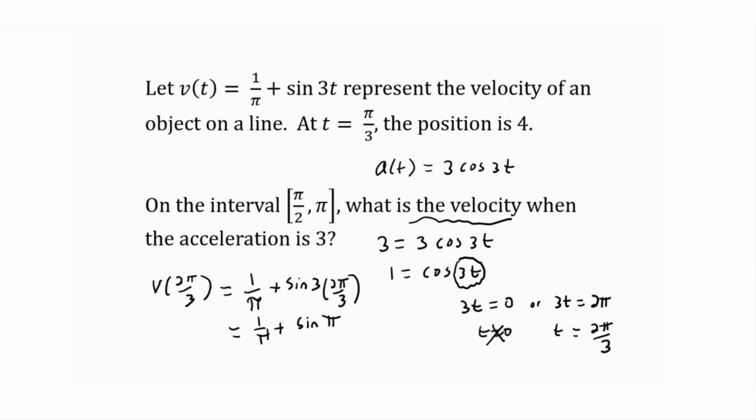And what is the sine of pi? The sine of pi is 0, so our answer would be 1 over pi. Remember, this is non-calculator, so we're just going to leave it in terms of pi.